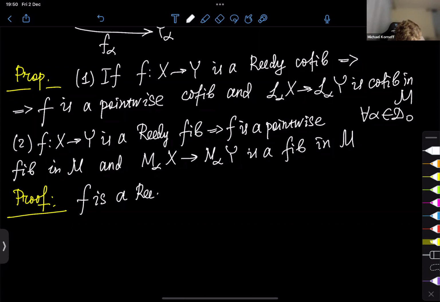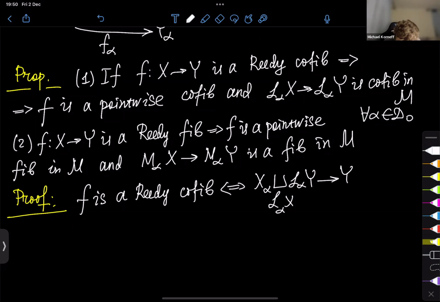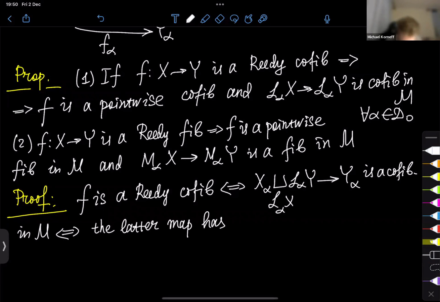F is a Reedy cofibration if and only if this relative latching map for any alpha is a cofibration in M. And this one holds if and only if the latching map has the left lifting property with respect to the set of acyclic fibrations.